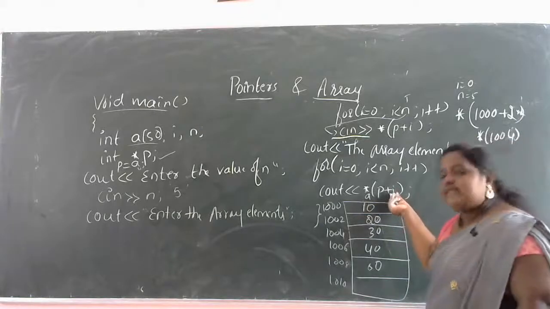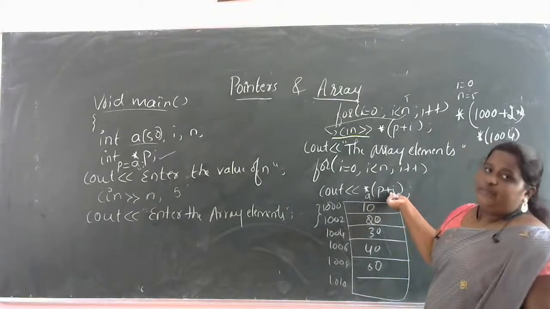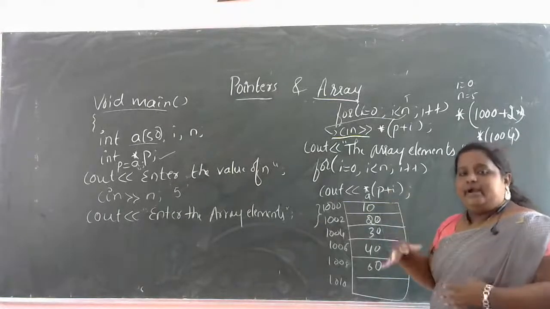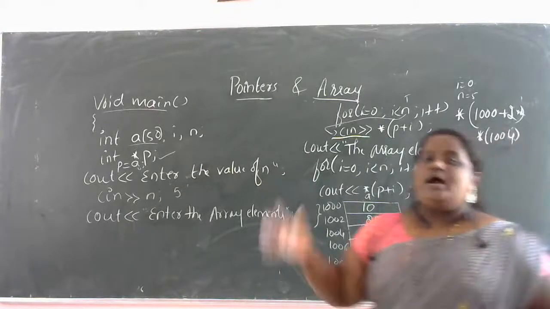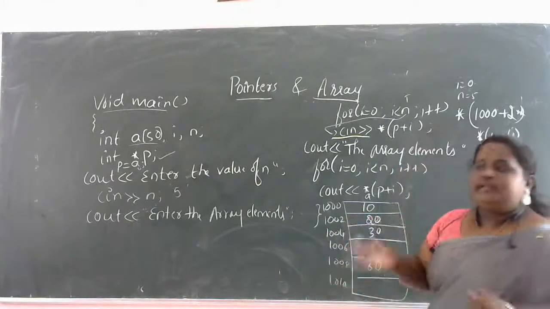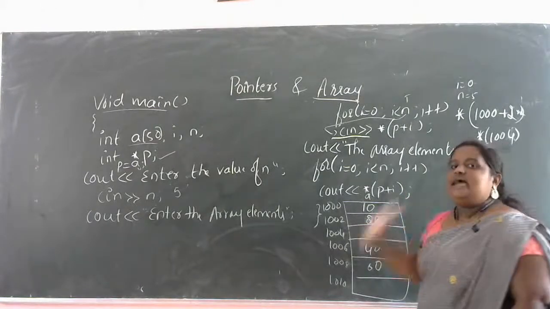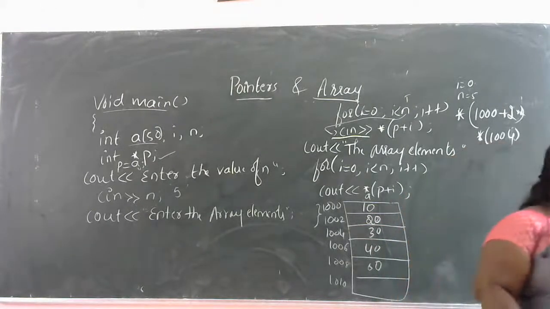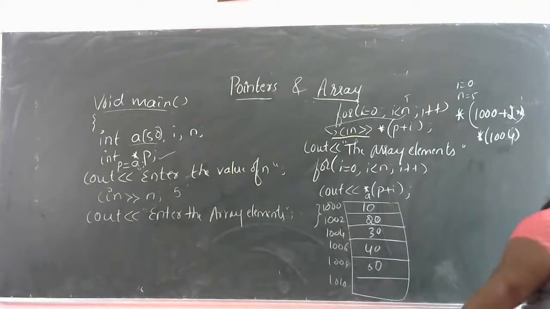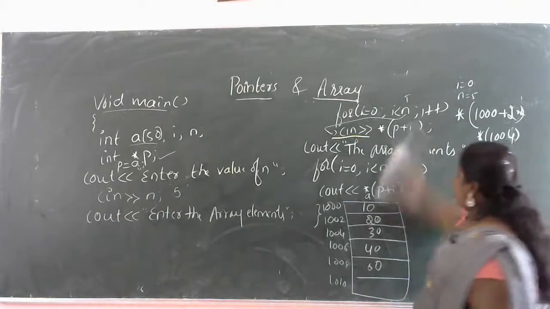No user or programmer does this. The compiler automatically multiplies i with the size of your data type. This is the concept of pointers and arrays.